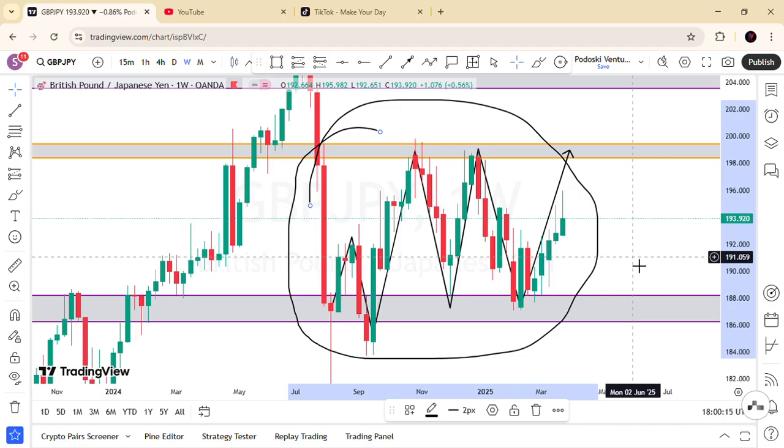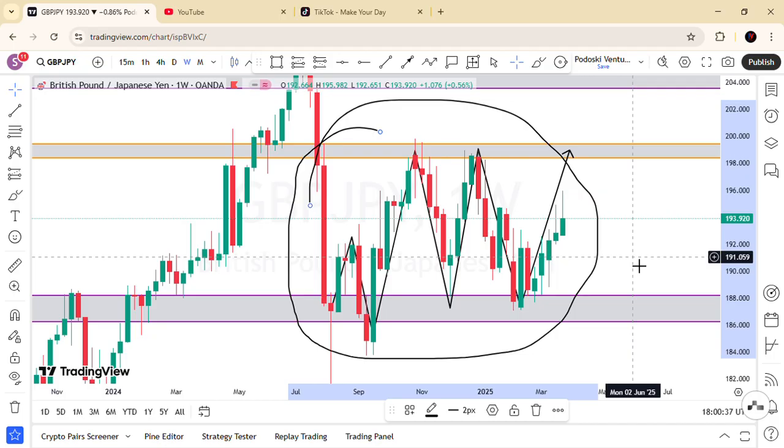But if price is consolidating at the lower time frame, you are to stay away or wait for a very nice breakout before you trade, because you don't know when that consolidation will end. But you can wait for it to end, then you pick your trade.